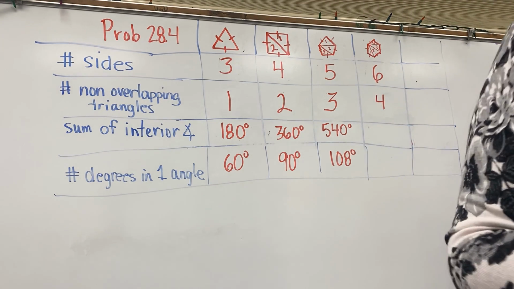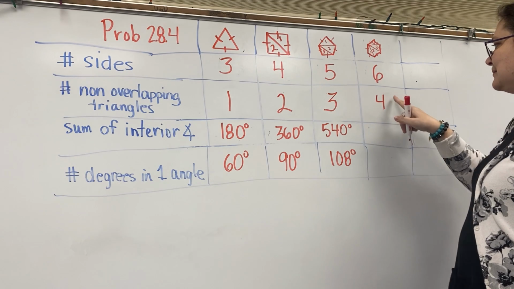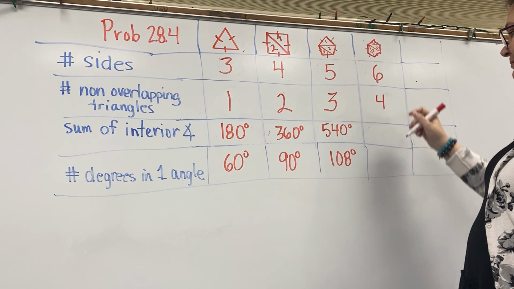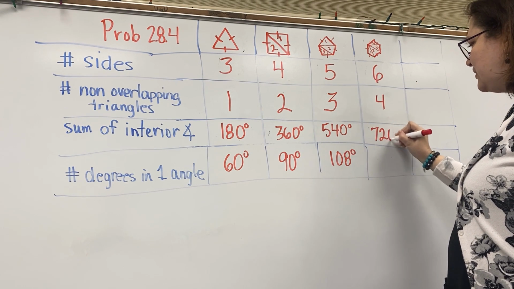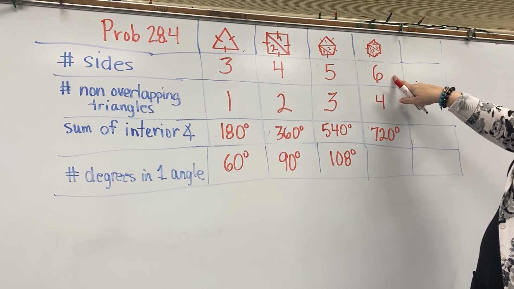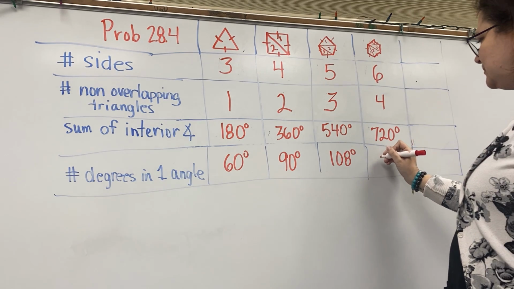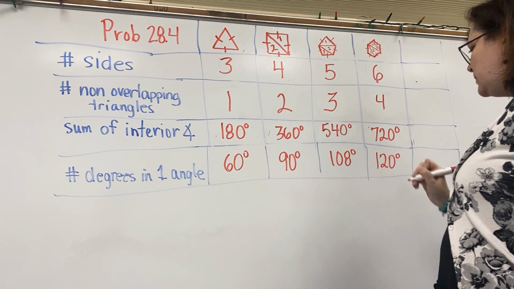What is the sum of our interior angles? 4 times 180, 720. I'm dividing that by how many angles? 6. It's 120.